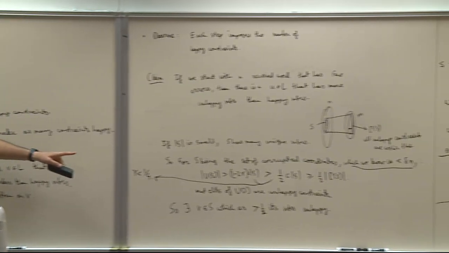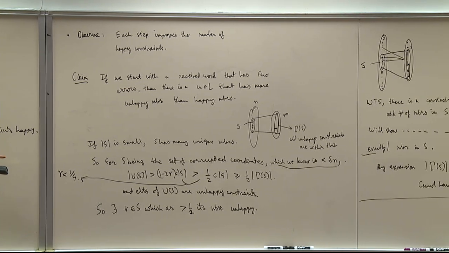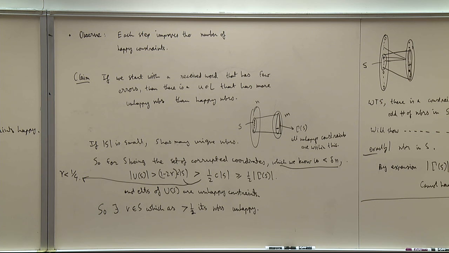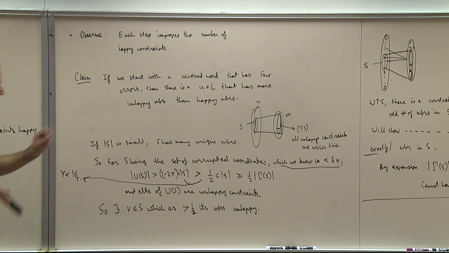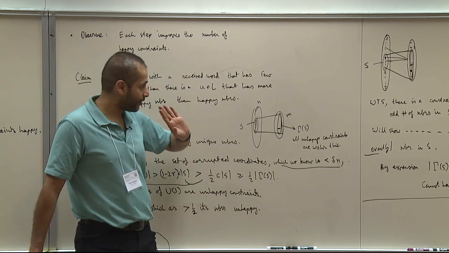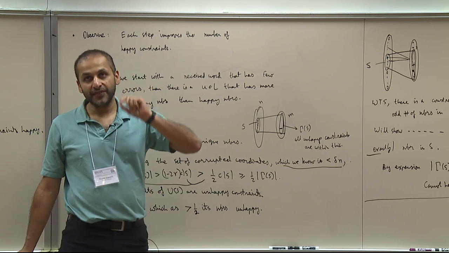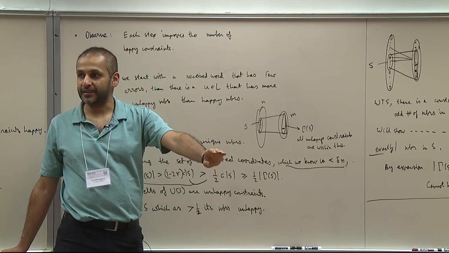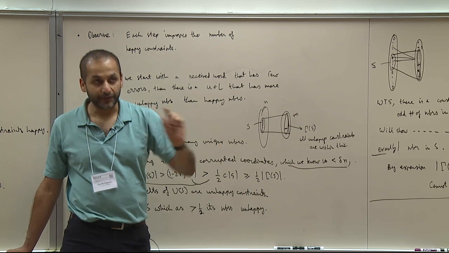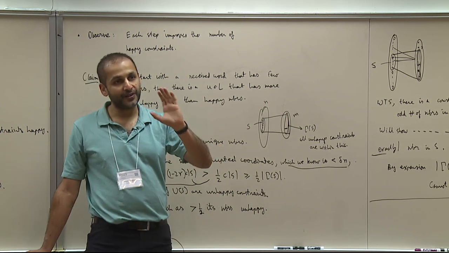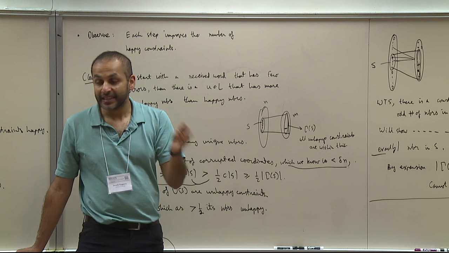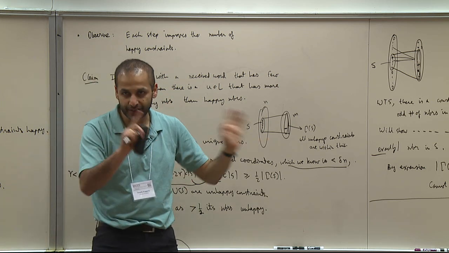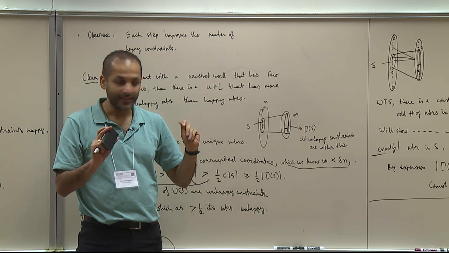There's something missing. You can flip something outside of S and increase the distance. That's right. First of all, we're not promising that every step takes us closer to the satisfying assignment. What we're doing is improving the number of satisfied constraints. That's different from moving the word in the direction of the true satisfying assignment.